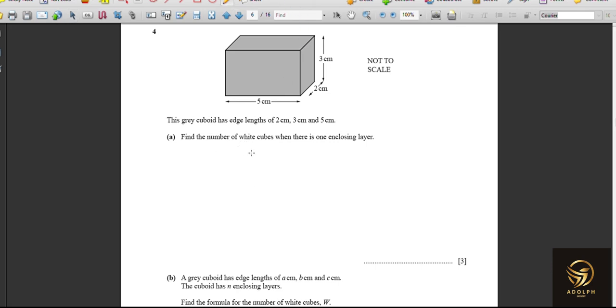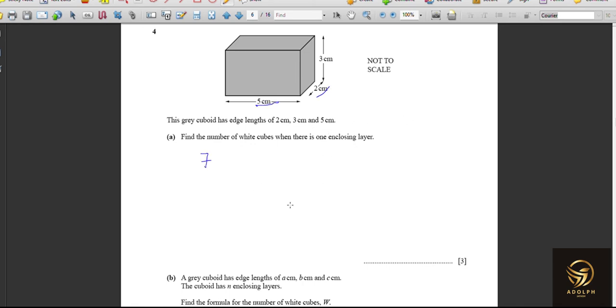Next is the gray cuboid has edge lengths of 2 centimeter, 3 centimeter and 5 centimeter. Previously we have seen a cube, but now we have a gray cuboid. Find the number of white cubes when there is one enclosing layer. So if there is one enclosing layer, right and left will be added by 2. So 5 will become 7.